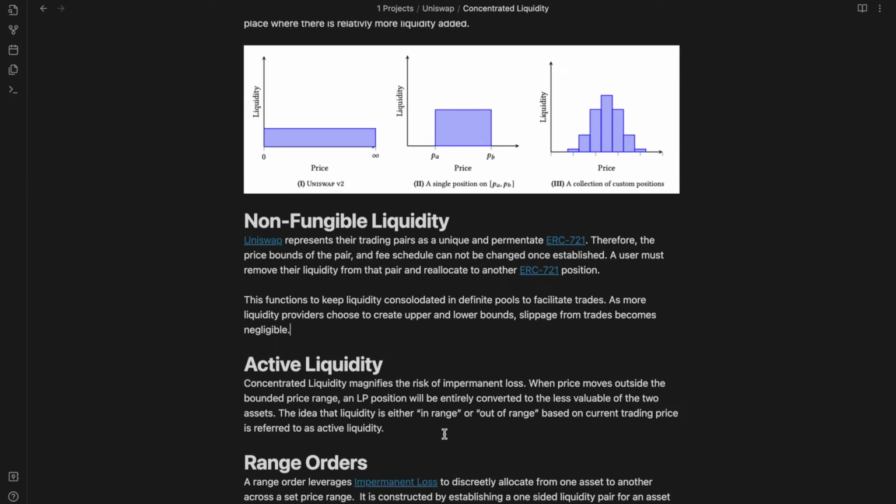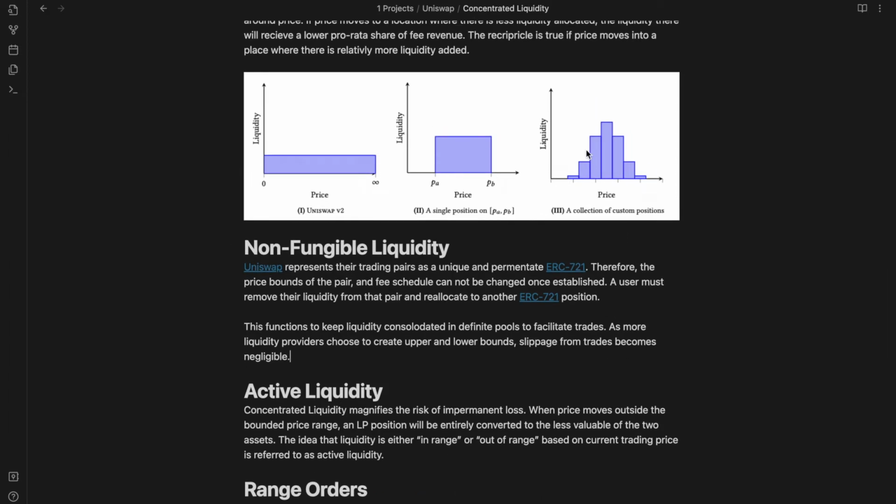So you can contribute liquidity in ETH and USDC at a given price range, $500 to $10,000 per ETH, or 500 USDC per ETH to 10,000 USDC per ETH. In that particular pair, that's represented as something called a non-fungible token, ERC-721, on the blockchain, and it can't be changed.